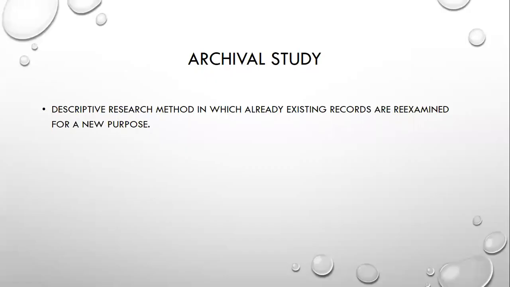Next is the archival study. This is a descriptive research method in which already existing records are re-examined for a new purpose. Many opportunities for field research can be found in data that have been collected for other purposes and stored in data archives. Vast amounts of data are collected by government, by private agencies, by hospitals, by businesses, schools, institutes, and so on.